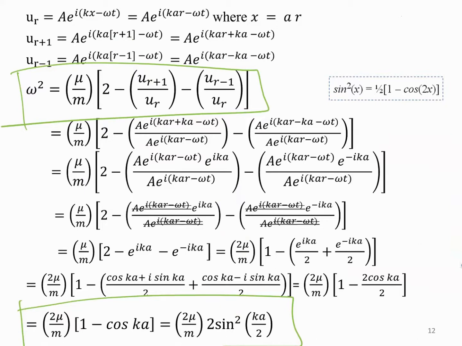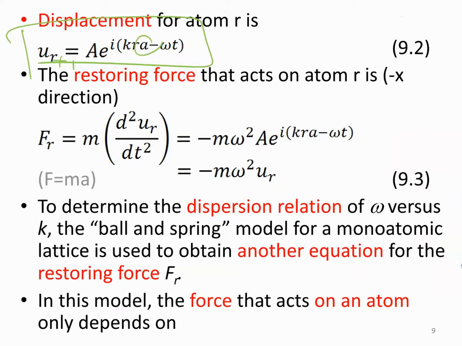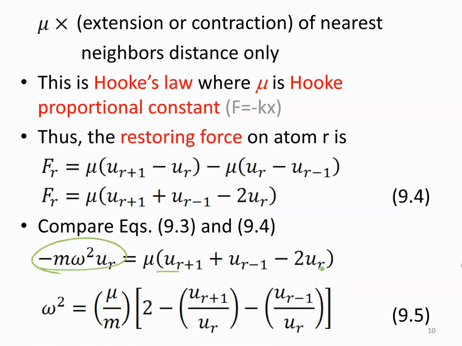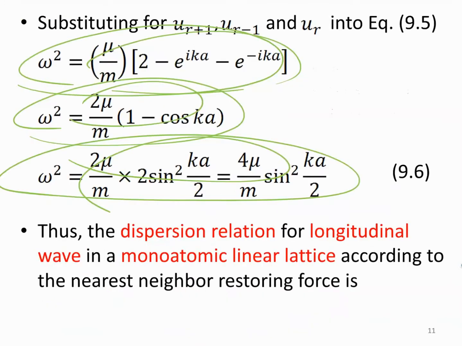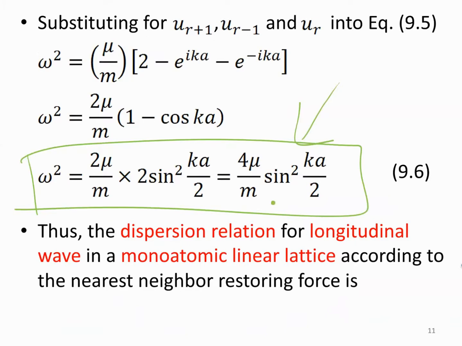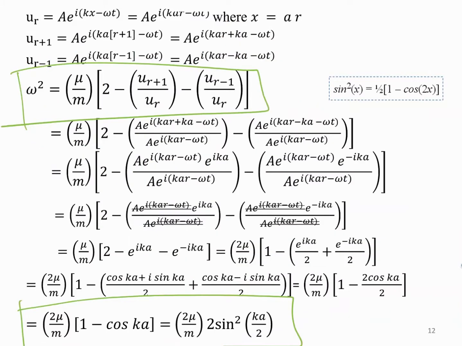So when we compare the equation from F equal to ma and F equal to negative Kx, eventually you will get omega square equal to blah blah blah. If you don't know how to get this equation, you can refer to this slide. If you are viewing the video recording, then you can just pause and look at the solution here. All right.